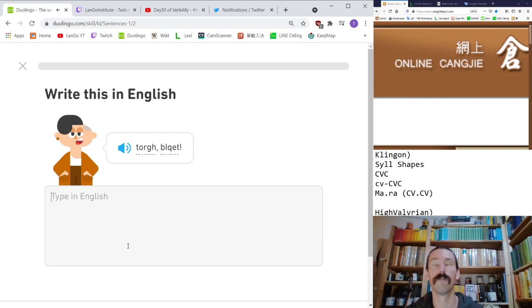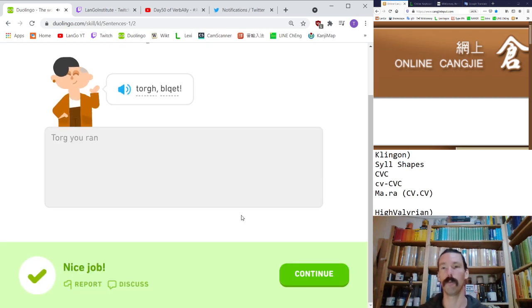Torg, biket. Bi for second person on an intransitive. You run, I think. Biket. Ran, run, or will. Biket. No marking for tense. Torg, you ran. You ran. Makes a bit more sense.